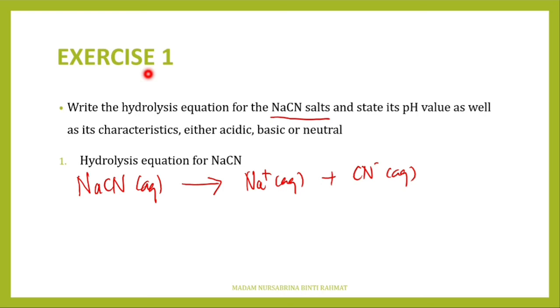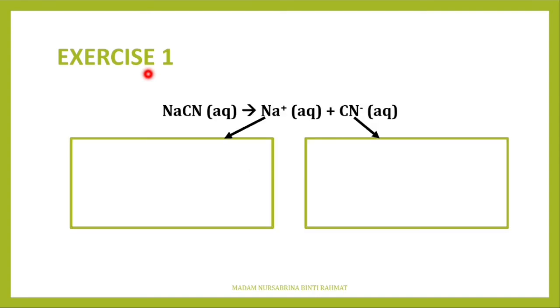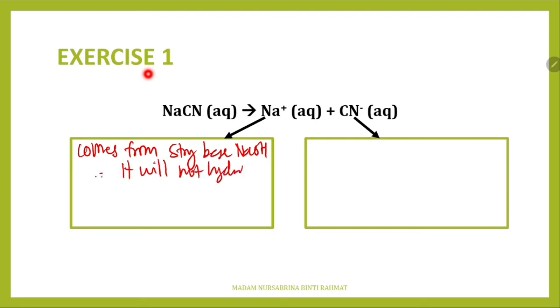So is HCN, hydrogen cyanide, a strong acid or a weak acid? You know which one it is. So Na+ comes from the strong base NaOH. Therefore, it will not hydrolyze again in water.